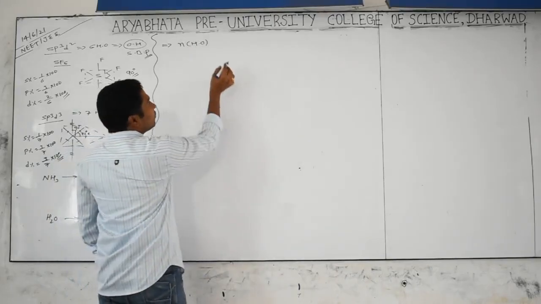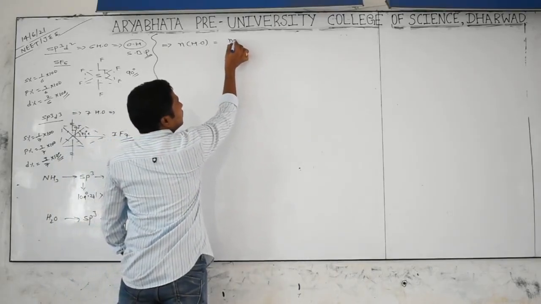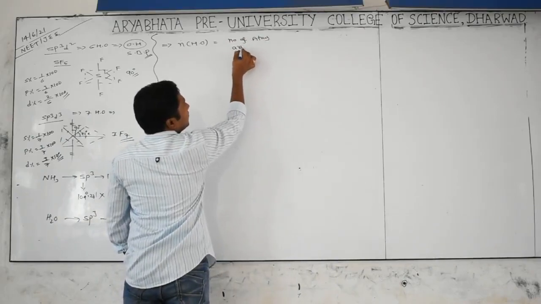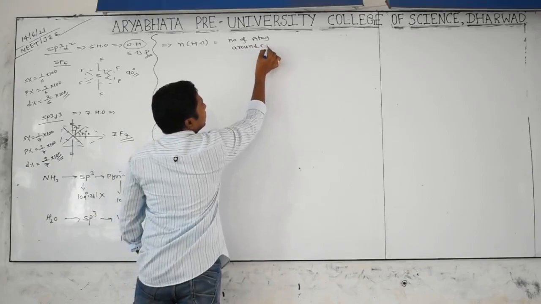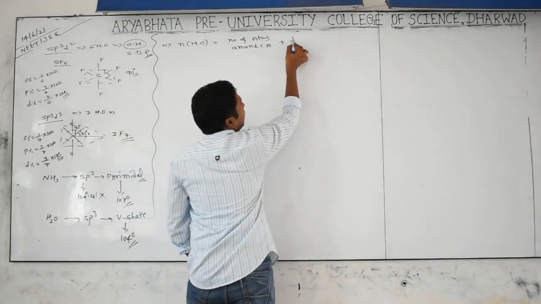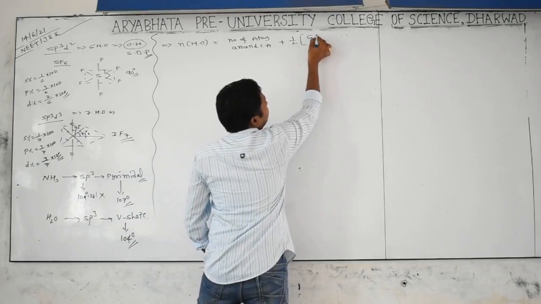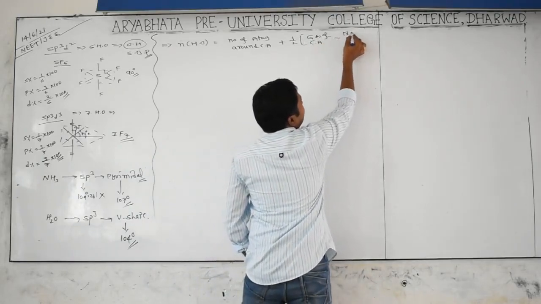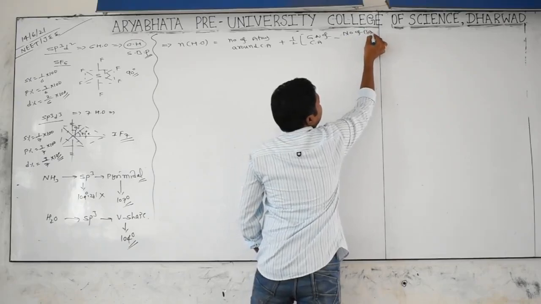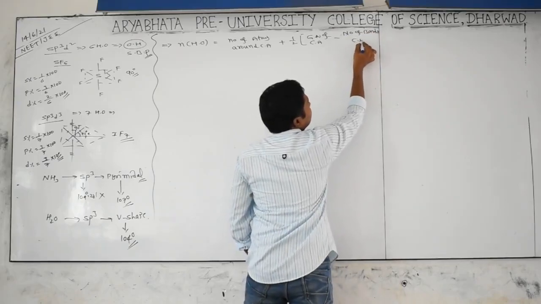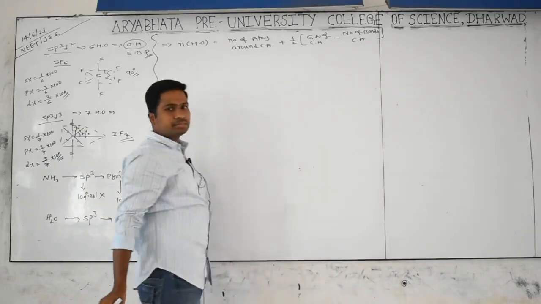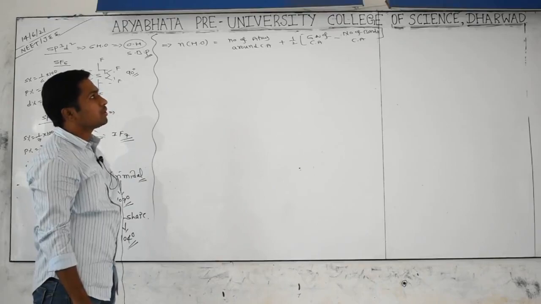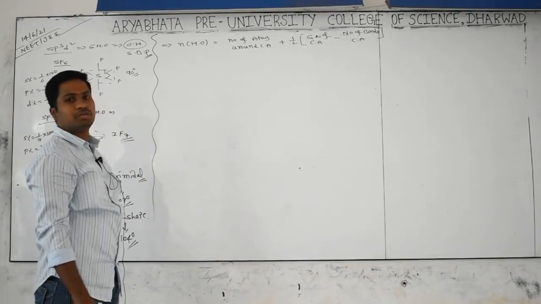Number of hybrid orbitals equals number of atoms around the central atom plus half into group number of the central atom minus number of bonds around the central atom.